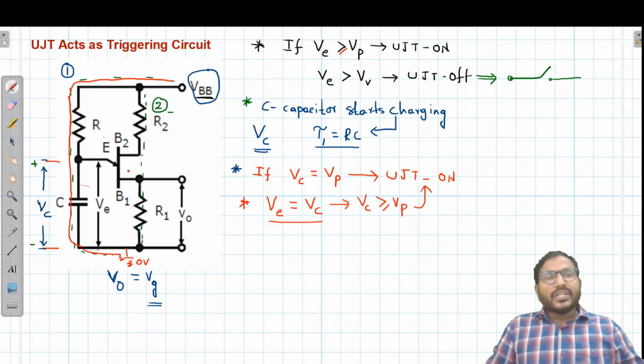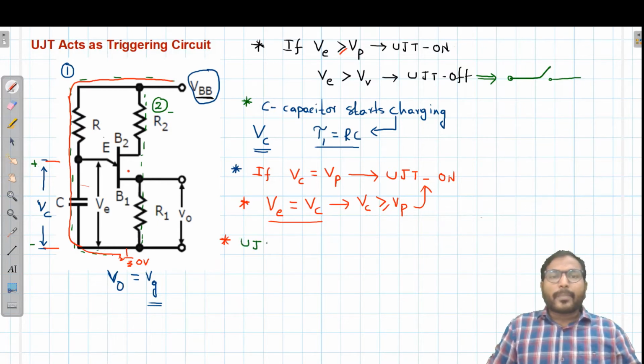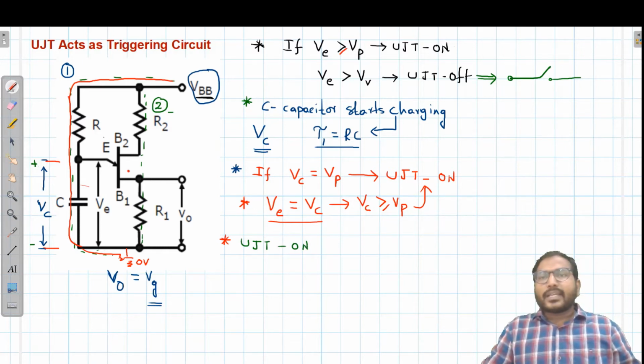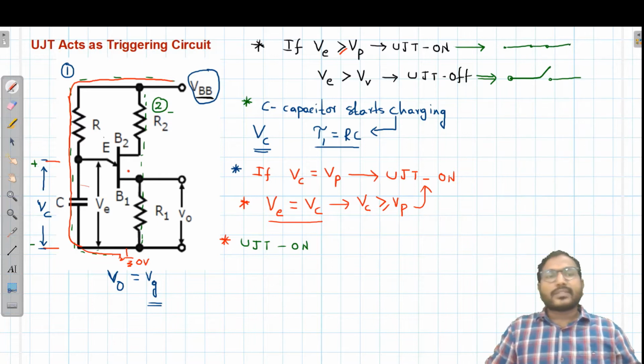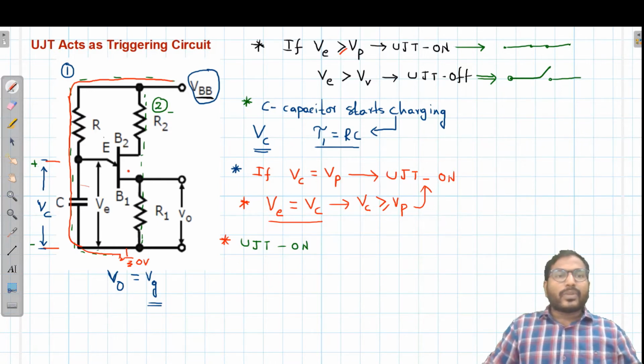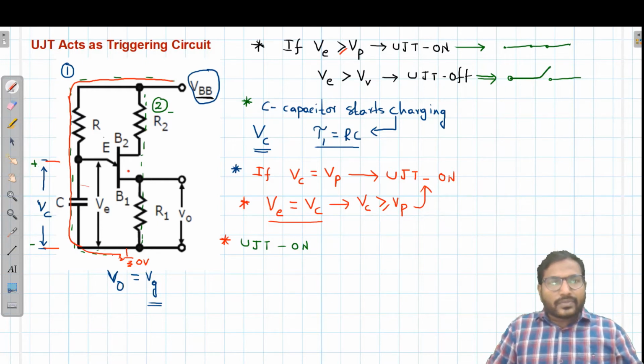Right. So when the UJT is turned on, it acts as a short circuit switch and allows conduction. When the UJT turns on, it allows conduction from the emitter to base 1, so that is the current direction.